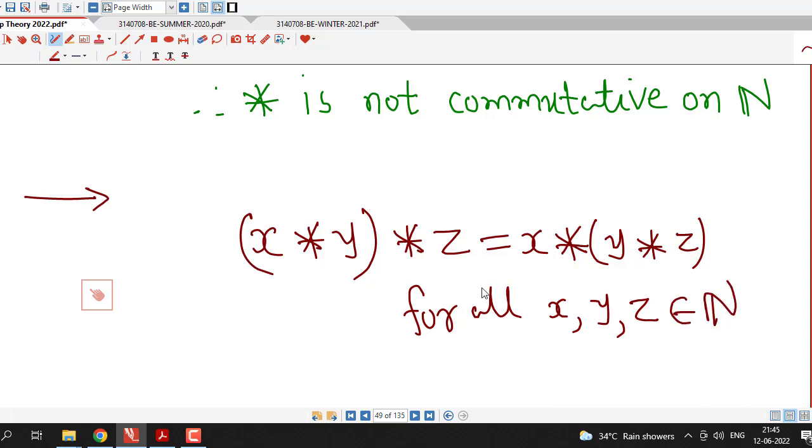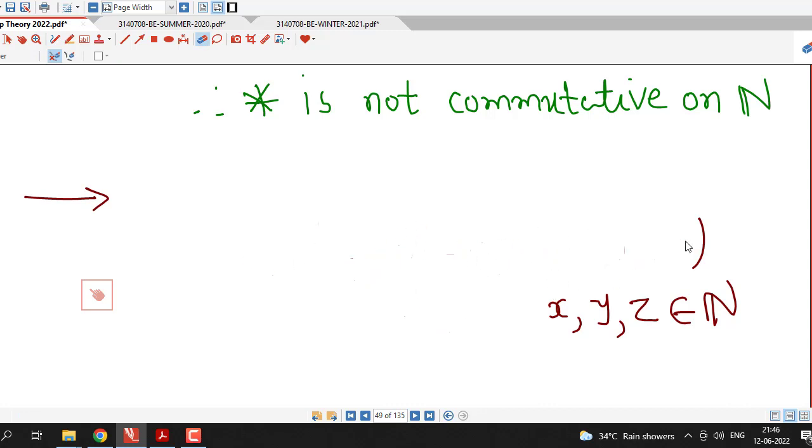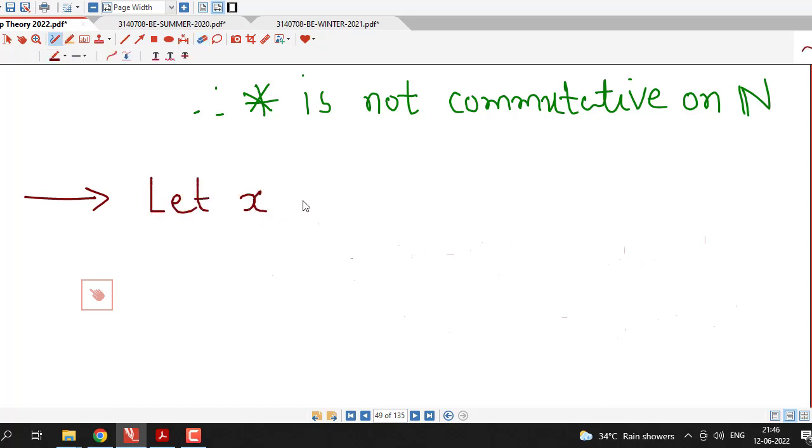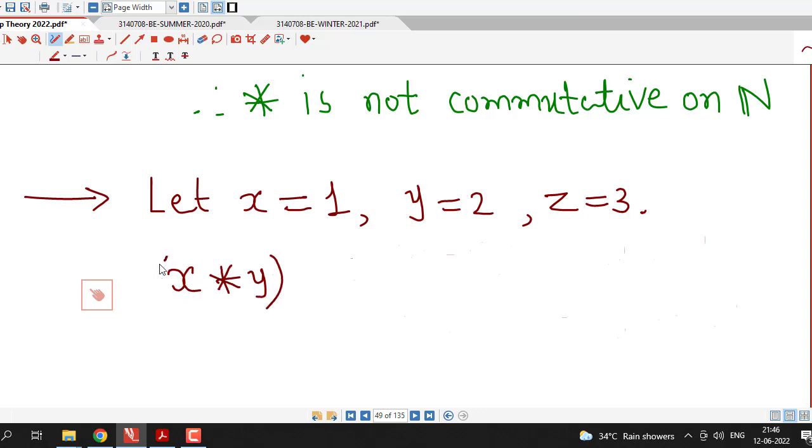So we have to search for particular x, y, z for which this property is not satisfied. So that also again we have to search by trial and error. So first we randomly select three elements. We take, suppose x is equal to 1, y equal to say 2 and z equal to say 3. So first we find out x star (y star z).